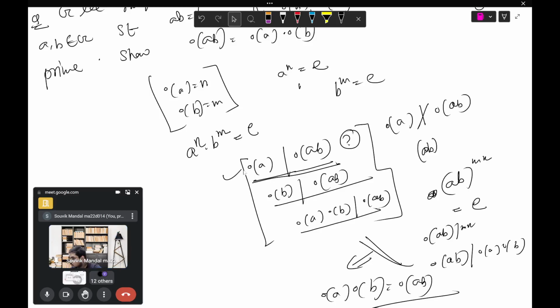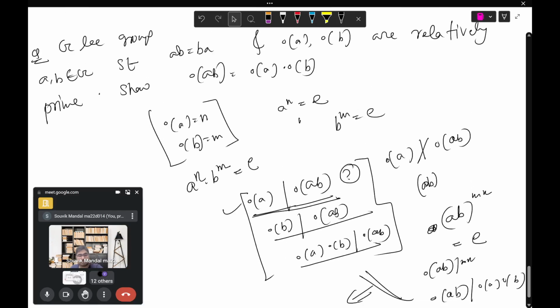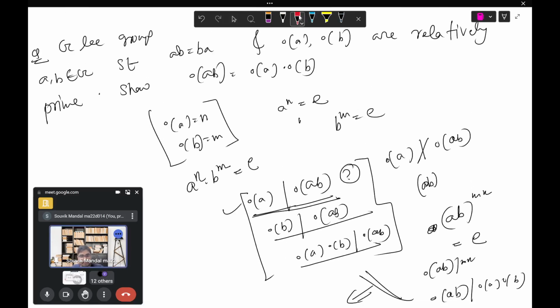Where did we use that the order of A and order of B are co-prime? Oh, okay. She told that the order of A divides the order of AB and the order of B divides the order of AB. Now, since the order of A and the order of B are co-prime, these together imply the order of A multiplied by the order of B divides the order of AB. Here we have used that co-primeness. Understand?